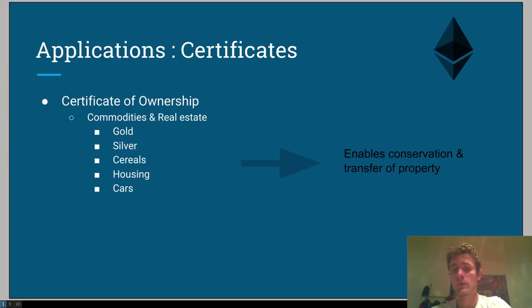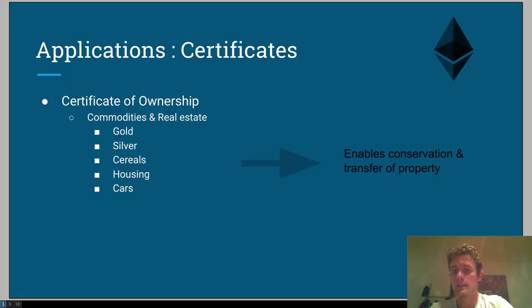Since if you transfer your property to Bob and Bob transfers it to Alice, then you just need to have the history of the blockchain, and you know that what was owned by you and then by Bob is now owned by Alice, and there is a perfect consensus on that. So nobody will say, oh no, actually that's mine.